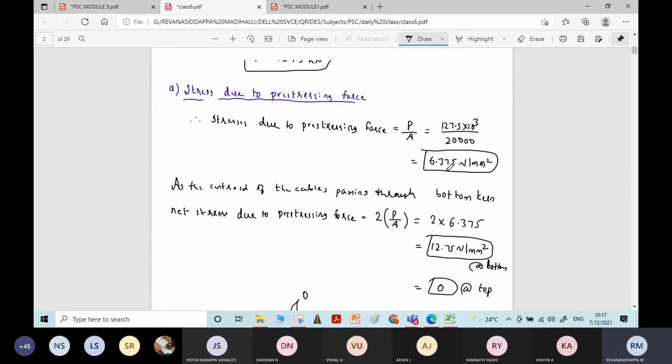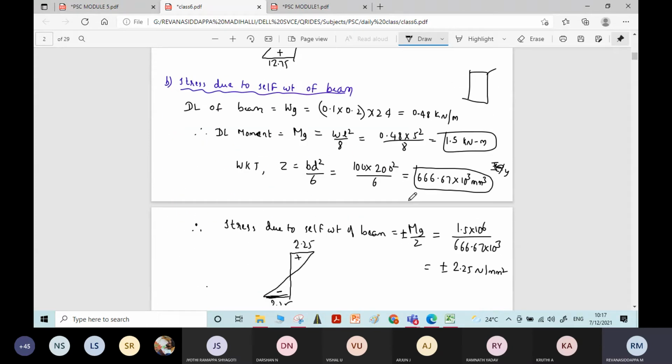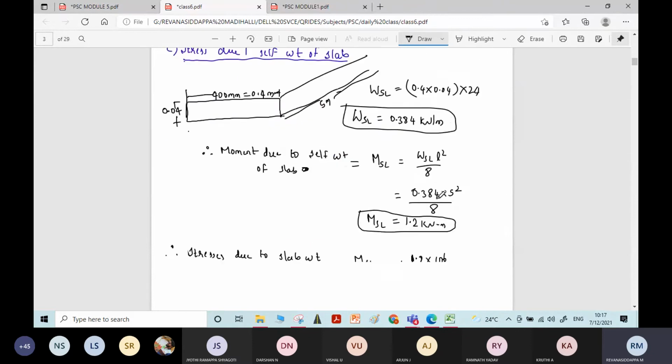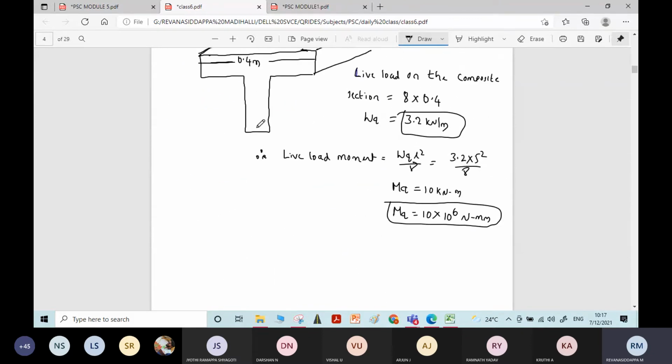It is not the 666.67. Remember, with respect to the live load stresses, you need to take this full T section into consideration. Is that clear for you all, students? You need to say yes sir or no sir. Okay.